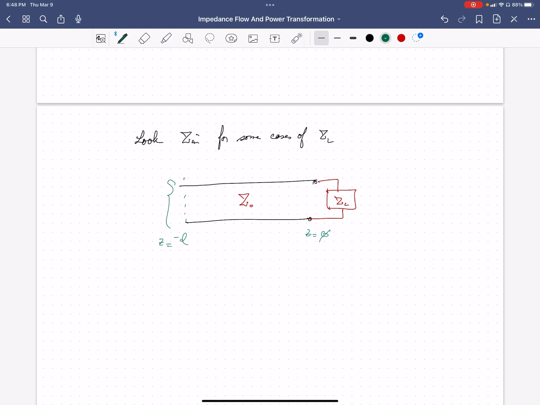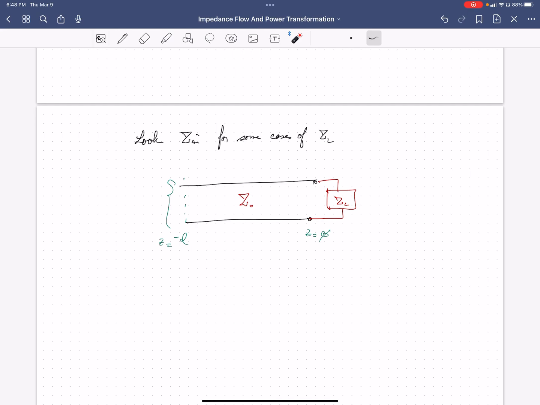So our definition of the input impedance is what this transmission line looks like if we took all of this and pretended it was just an input impedance right at z equal to minus L. This is just for the purpose of figuring out what a source hooked up to this would inject into the transmission line.